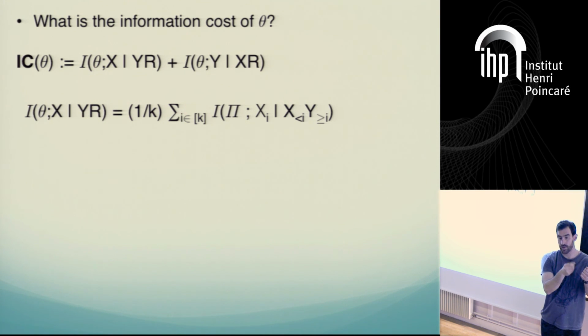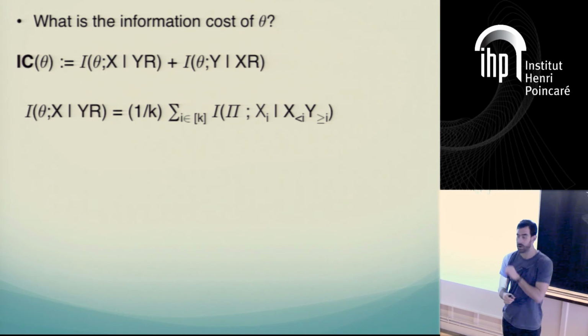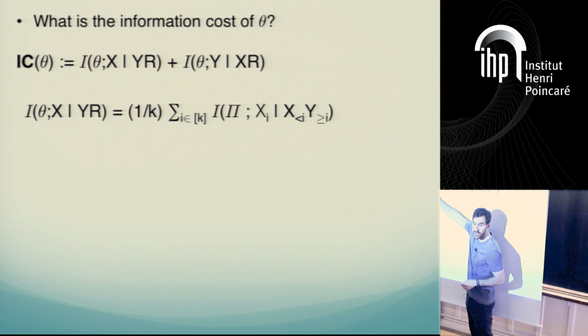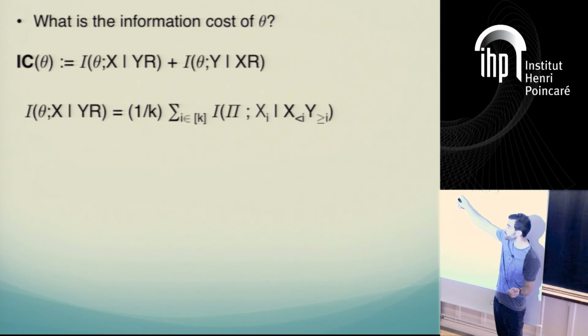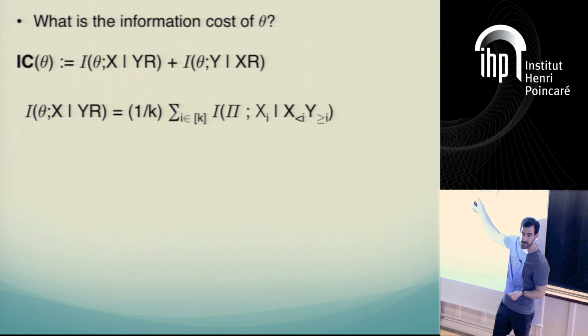Remember, the protocol theta was embedding X and Y into the ith copy with uniform equal probability. So with probability 1 over k, we're measuring the information that pi reveals on the ith input. Does that make sense?